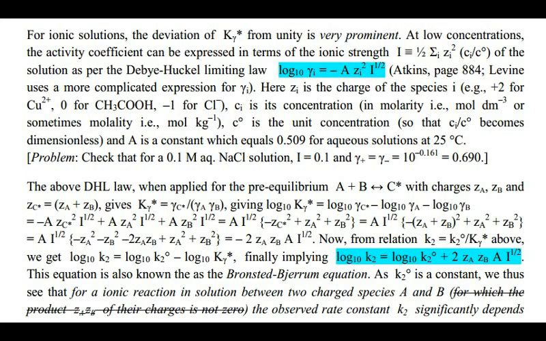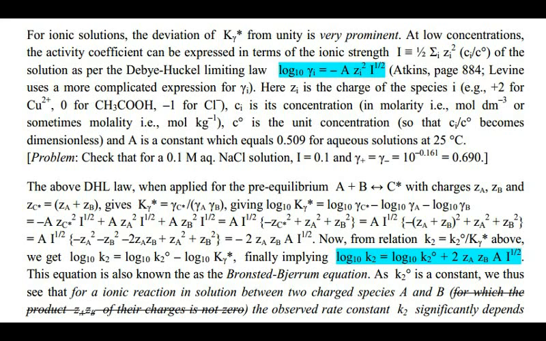Accordingly, K gamma star will be gamma C star into gamma A, gamma B, giving log 10 of K gamma star as log 10 of gamma C minus log 10 of gamma A minus log 10 of gamma B. We put the Debye-Hückel limiting law in each of these, log 10 of gamma C, log 10 of gamma A, log 10 of gamma B.